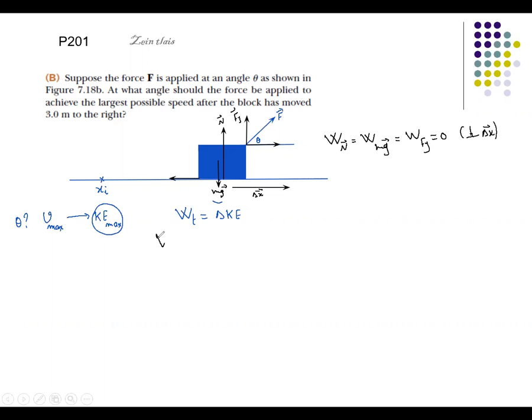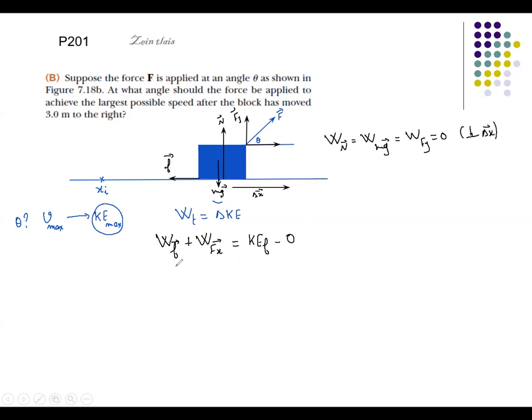W total equals the work done by F kinetic plus the work done by Fx, which equals the kinetic energy final minus the kinetic energy initial, which is equal to 0 because the object was at rest.